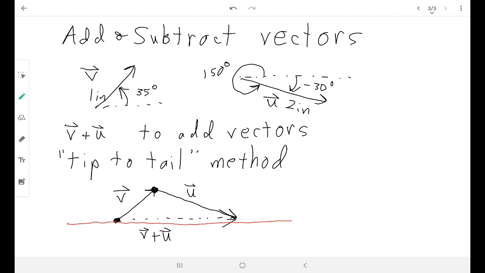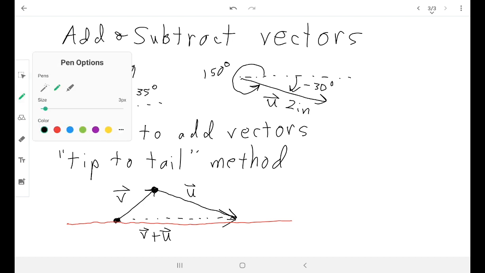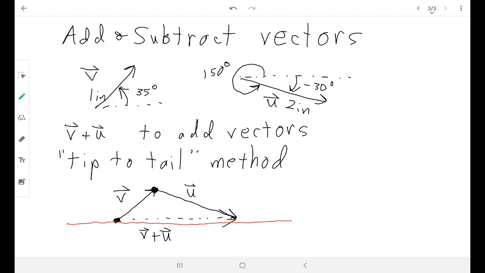And what you would then want to do is measure, let me do it in blue here. Here's your new vector. And you would want to measure the angle from there to there. And that would be your magnitude and direction of your new vector.